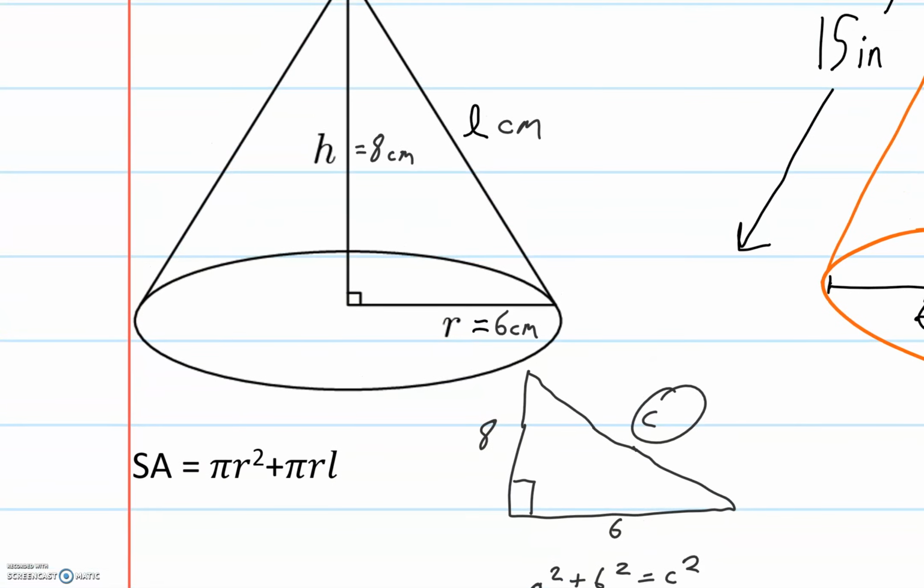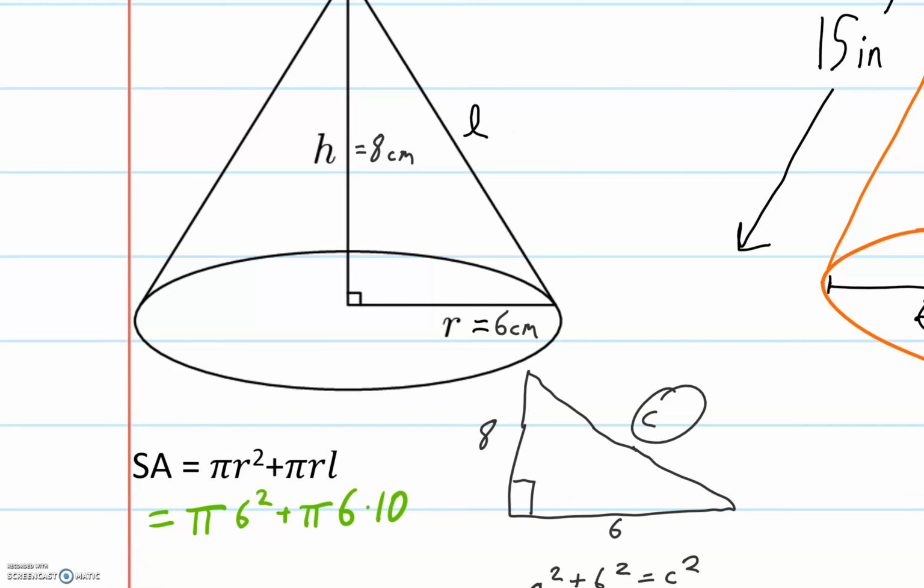Now let's try plugging it into our equation. So pi r squared is pi times 6 squared, plus pi r, so that's 6 again, times L, which we said is 10 centimeters.